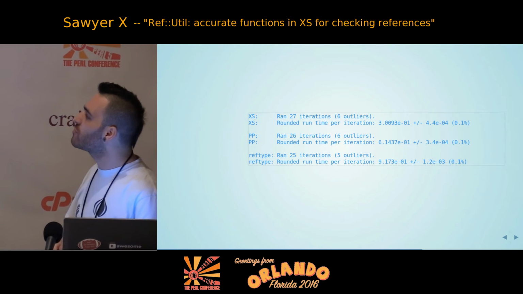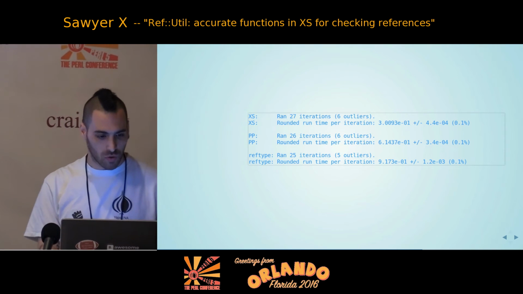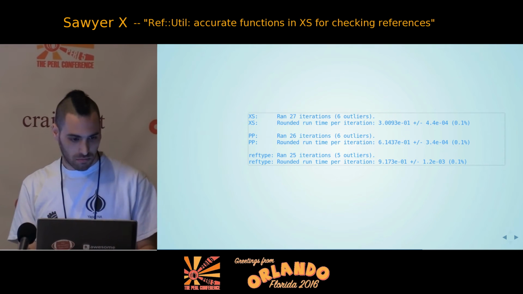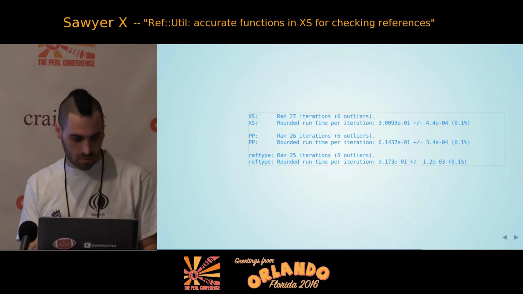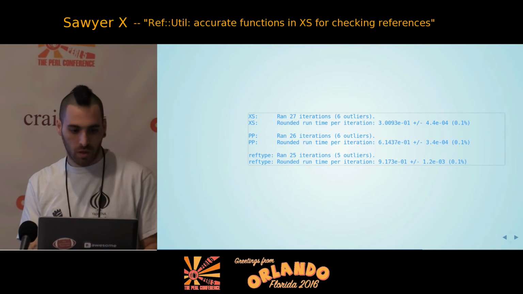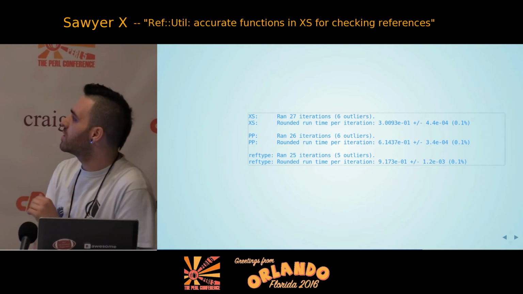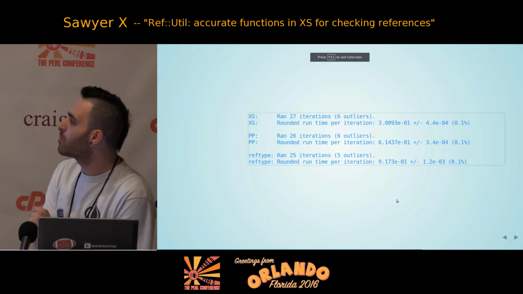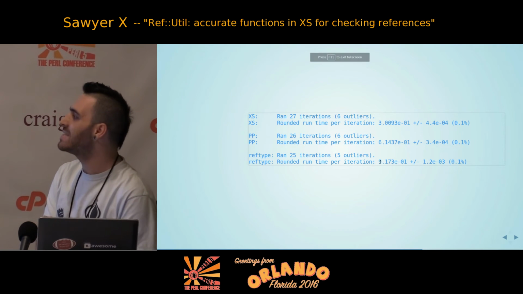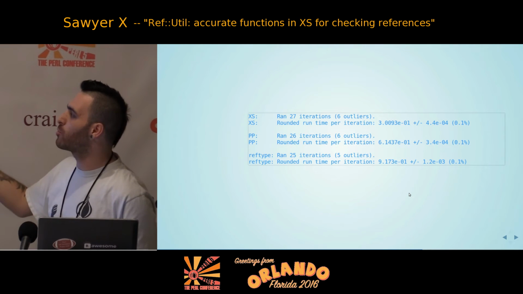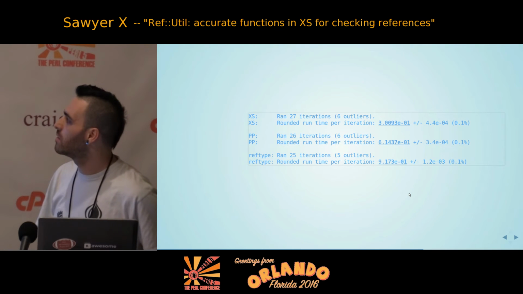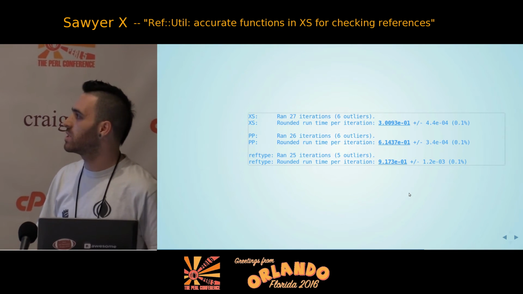If you take a look at the ref type, are these older slides? Pardon me. Okay. If you take a look at this, you'll notice the ref type runs at 9 seconds. So the ref type is actually the proper implementation of this. So that's not that bad.